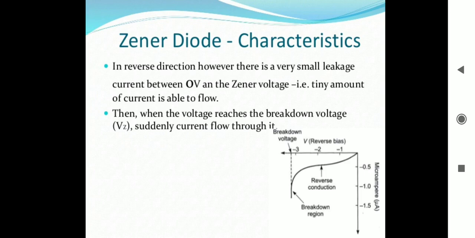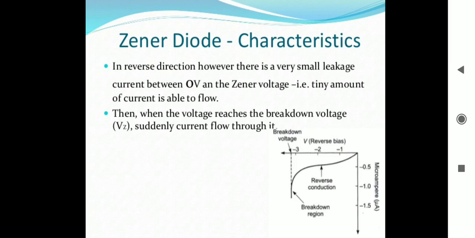The next specification is current. Maximum current at the rated Zener voltage is 200 microampere to 200 ampere. Next, the minimum current required for the diode to break down is 5 milliampere and 10 microampere.